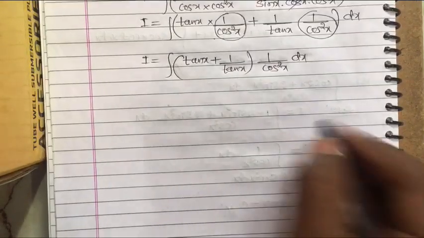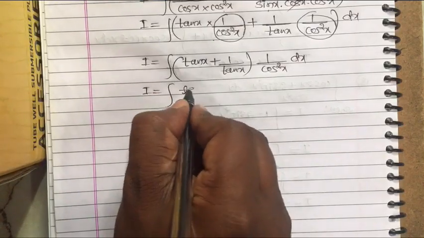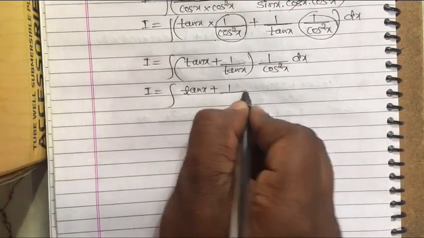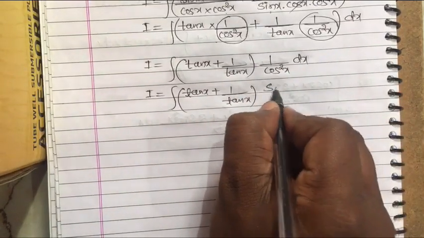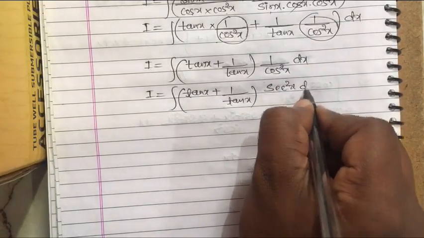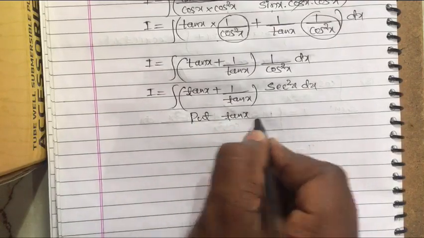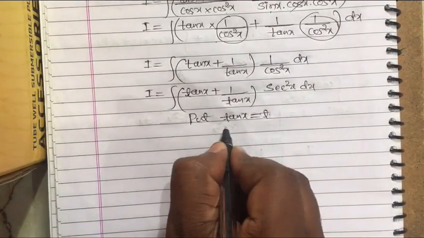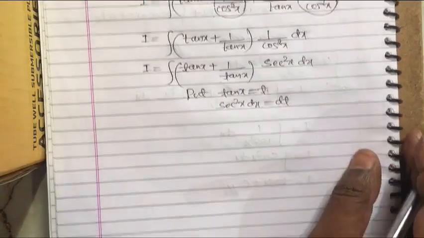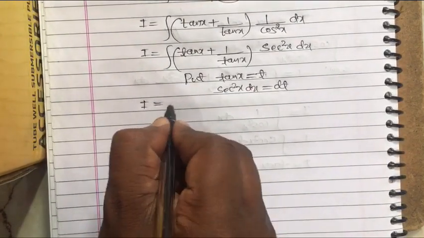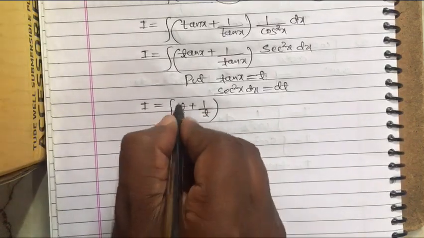What is 1 by cos square x? It is secant square x. So I equals integral tan x plus 1 by tan x, secant square x dx. Now put tan x equal to t. What is the derivative of tan x? Secant square x dx equals dt. So rewrite the integral: I equals integral of t plus 1 by t dt.